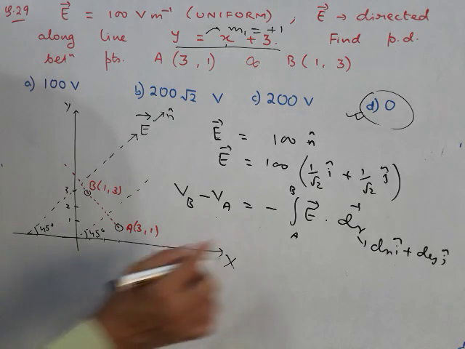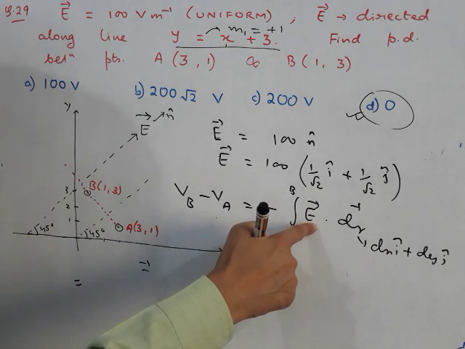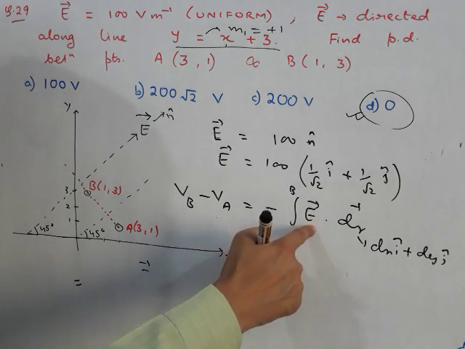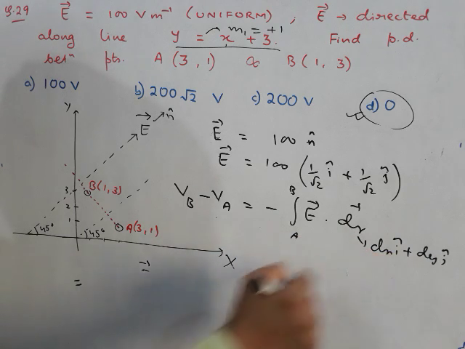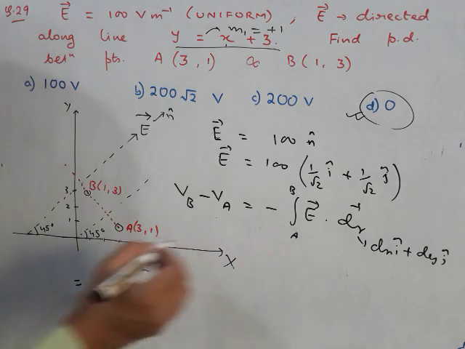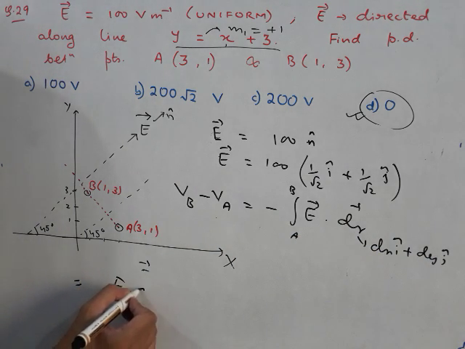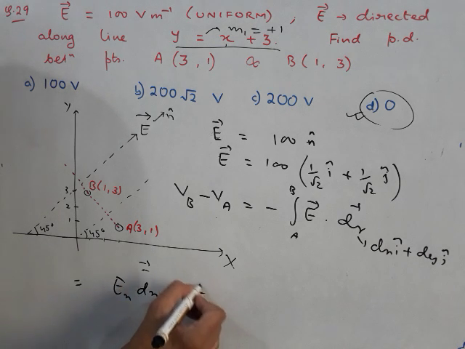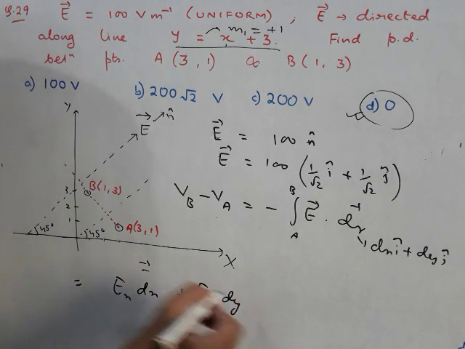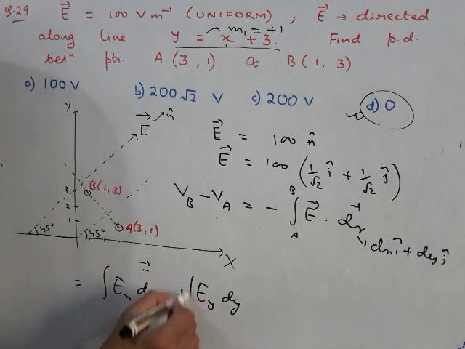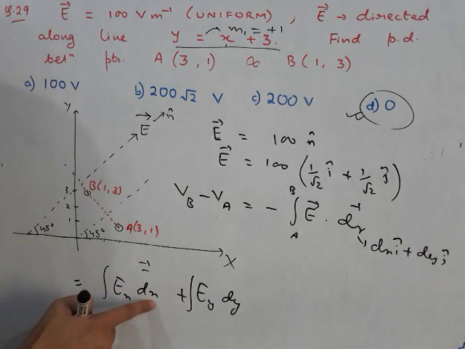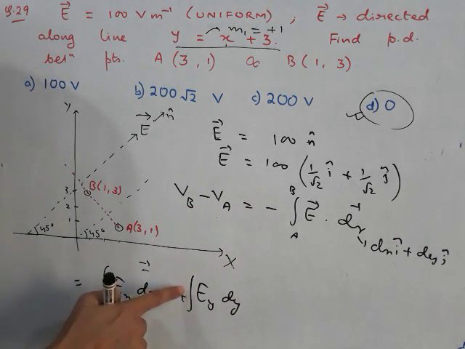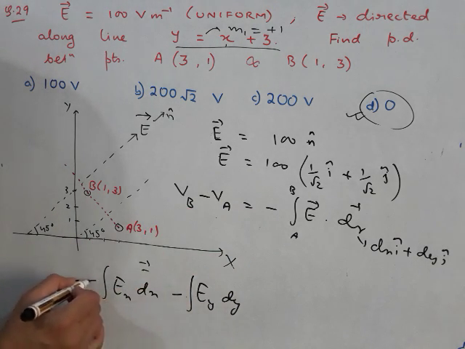So this becomes equal to Ex i cap plus Ey j cap dot dx i cap plus dy j cap. So Ex into dx plus Ey into dy, and the limits of integration will be from A to B. Now here the variable is x, this minus sign, so this will be minus.